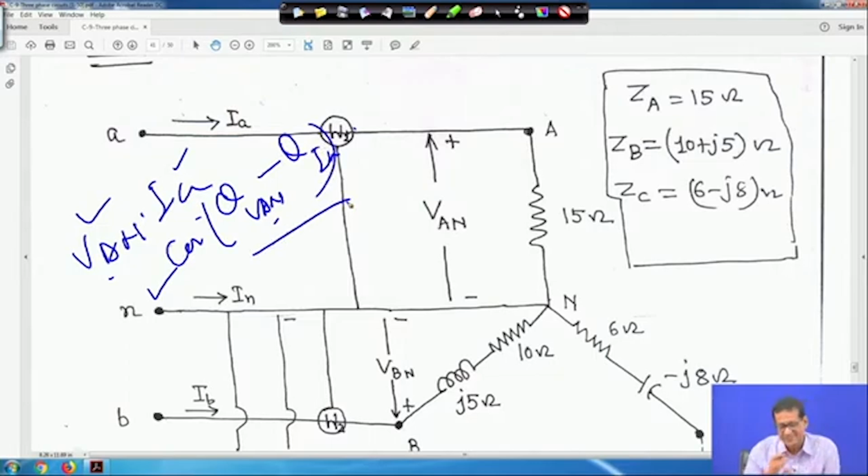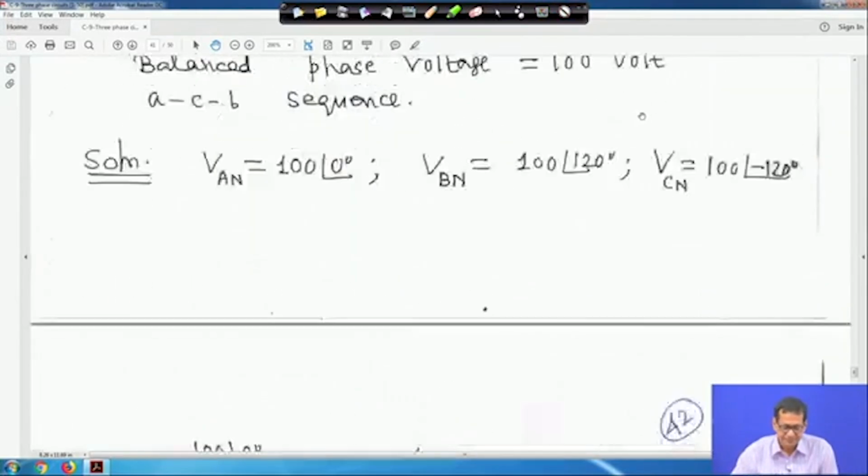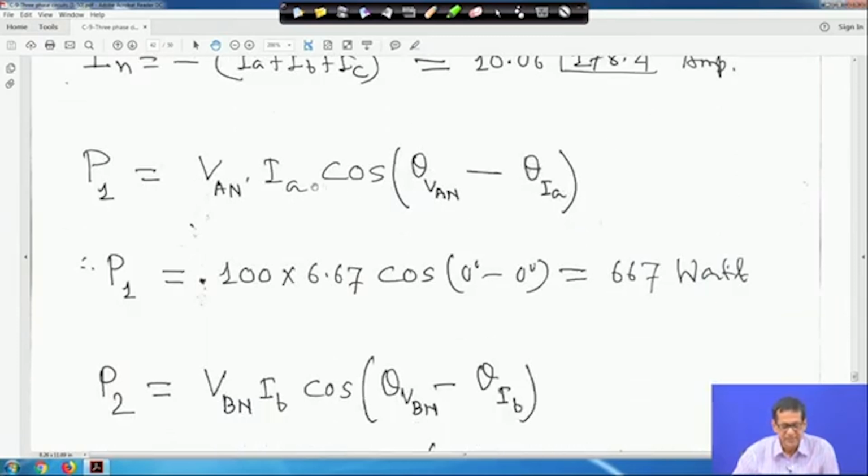This way it is written just for easy understanding. Therefore, P1 is equal to VAN IA cosine of theta VAN minus theta IA. Theta VAN is 0, the reference, and theta IA is also 0. So, it is becoming 667 watt.